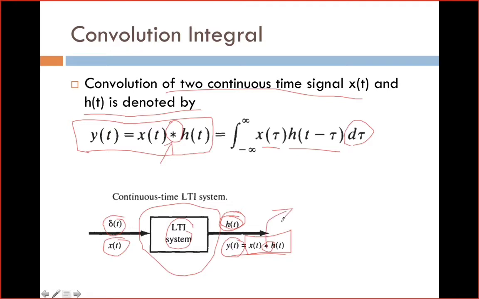I am repeatedly telling you that convolution is a very tedious job, and I have not yet taken a convolution problem. Now I am going to talk about a convolution problem, then you will understand how tedious it is and how it can be easily solved by taking the Fourier transform.